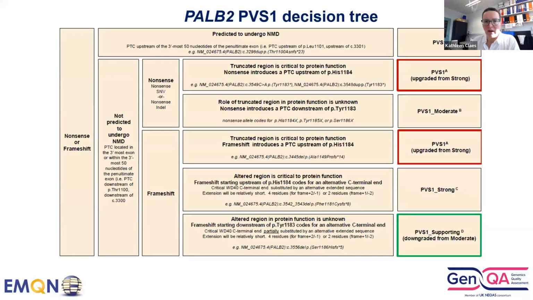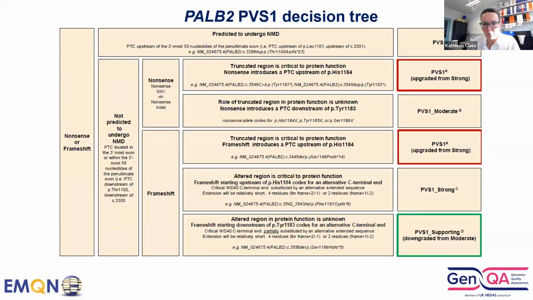You can have a variant that leads to a truncation upstream of histidine 1184, and then you can apply PVS1. However, if the role of the truncated region in the protein is unknown, so if you have a nonsense variant that introduces a stop codon downstream of tyrosine 1183, then it should be moderate.